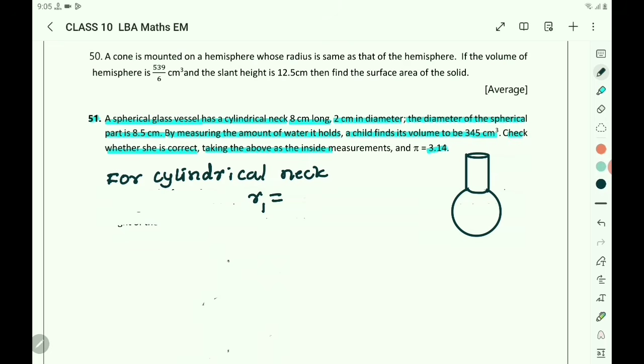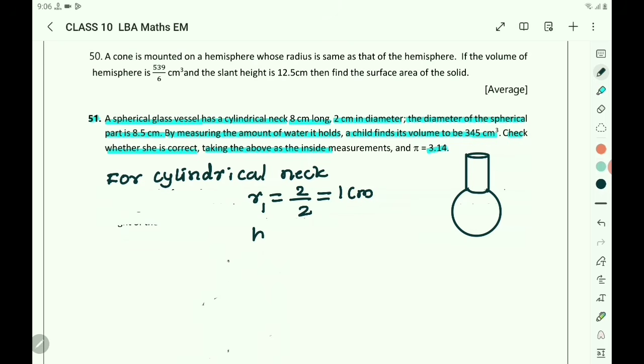R1 is the radius of the cylindrical neck. Diameter is given, then radius is 2 by 2, which is equals to 1 cm. You know that diameter is twice of the radius, or radius is half of the diameter.